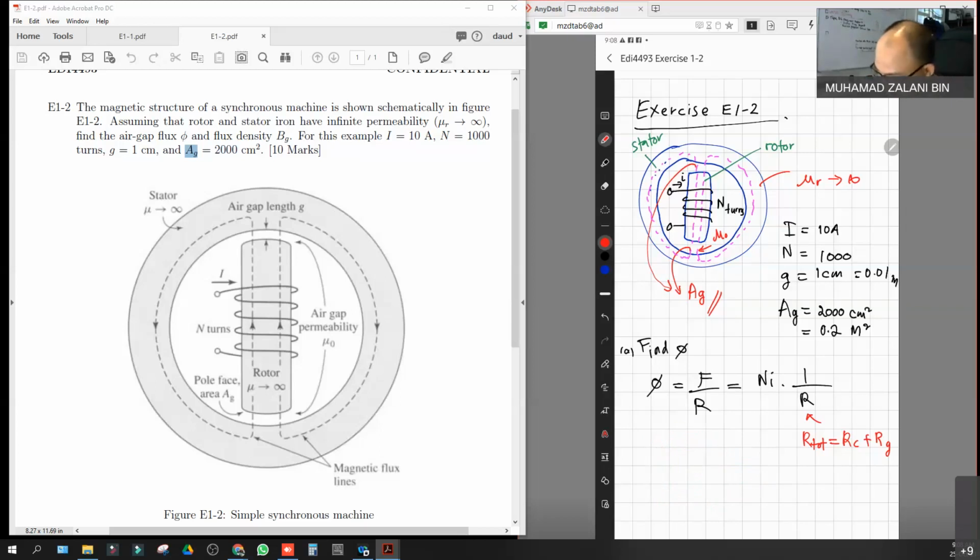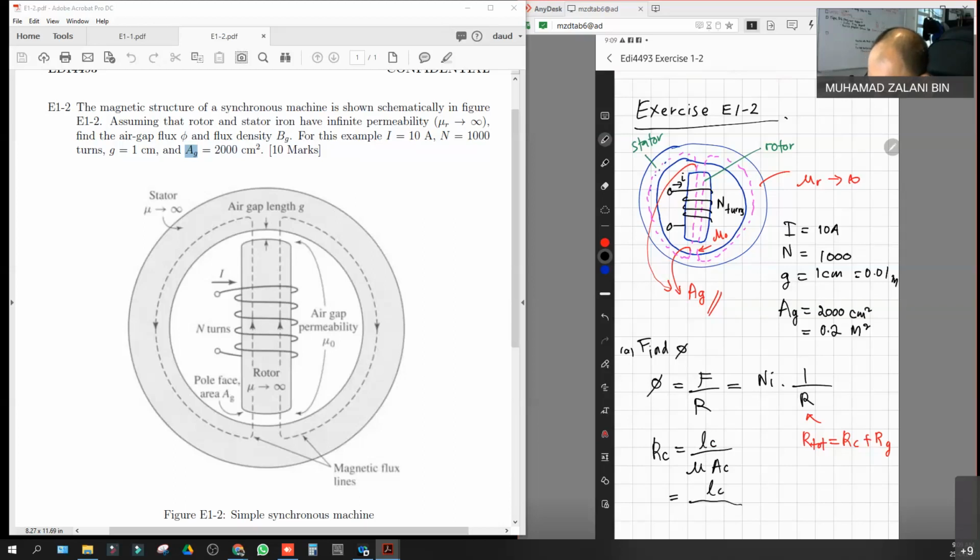So in this synchronous machine, what is RC? RC is LC divided by mu AC. This mu is mu R mu naught.